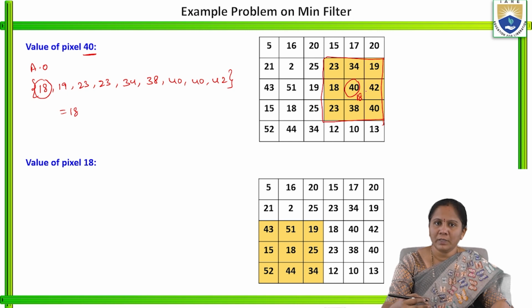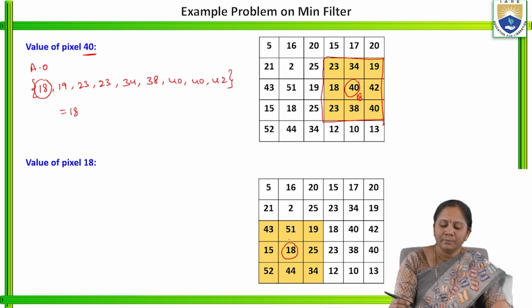Next, if we shift the 3 by 3 mask again, then this 18 will become the center pixel and all these are the neighborhood pixel values for that 18.